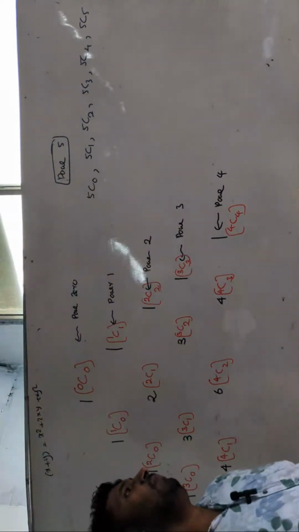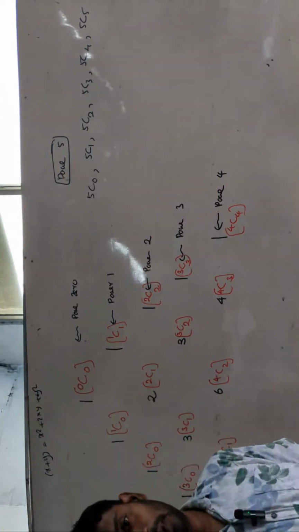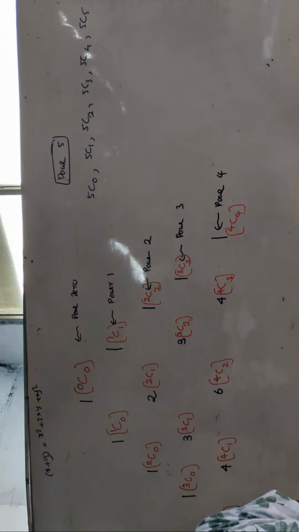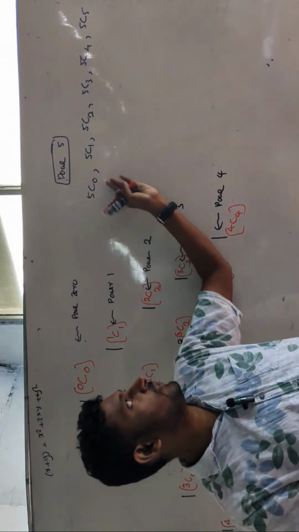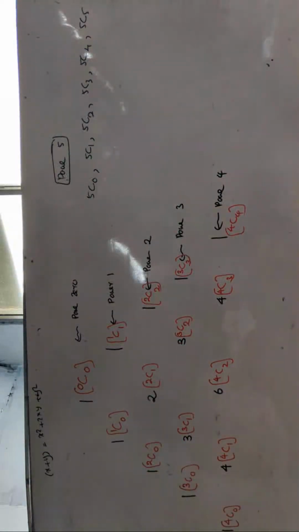Binomial means there are only two terms. So what are the coefficients? You can write down these things: 5C0, 5C1, 5C2 up to 5C5. Just like that, if the power is 5, we can write down the relevant coefficients. If the power is 6, we can write down the coefficients.